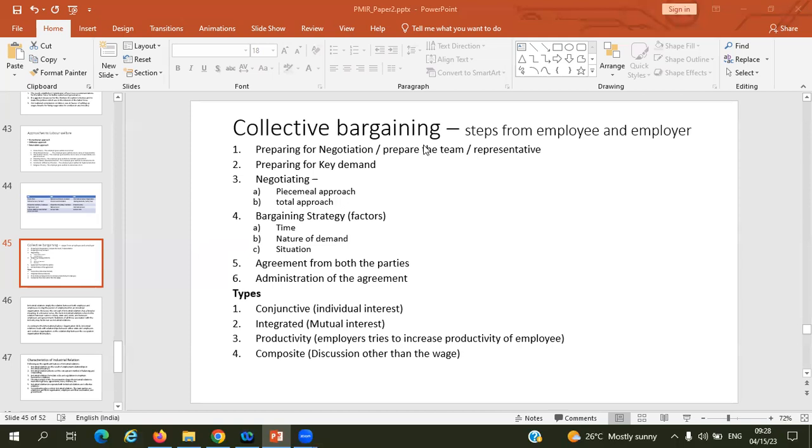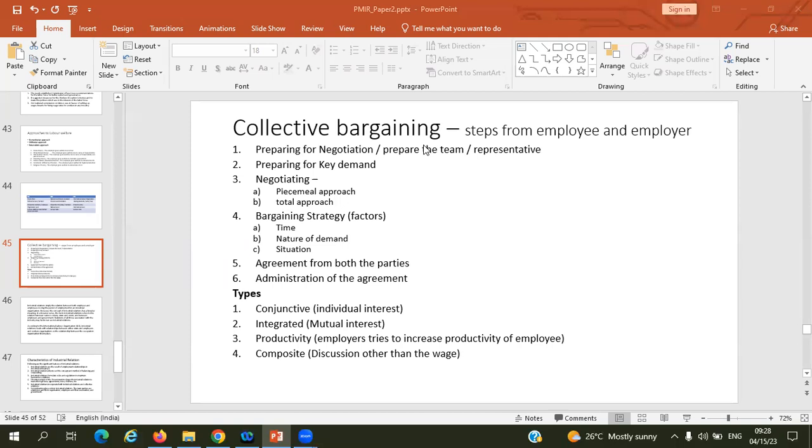Another type of bargaining is productivity bargaining. In this type of bargaining, the owners think that if they give money, if they give wages, if they give a good package to the people, they will work a lot. They will increase the productivity. Once the productivity increases, the production will increase. Once the production increases, the profit will increase.